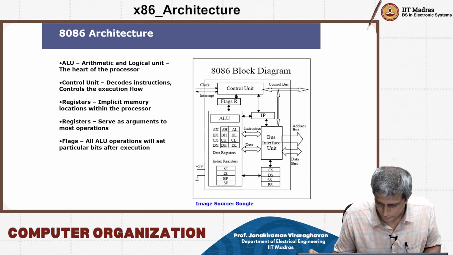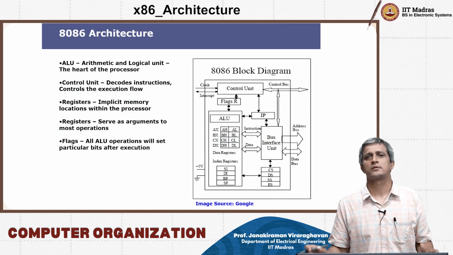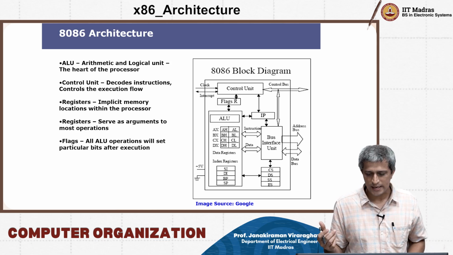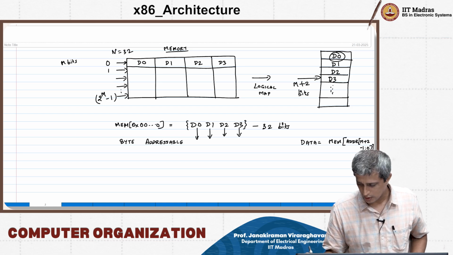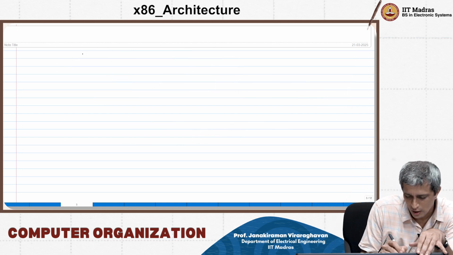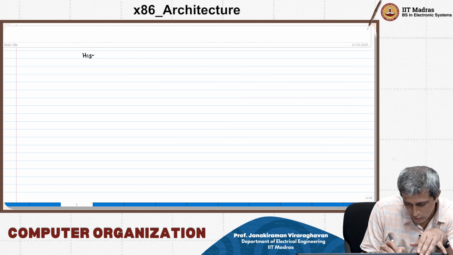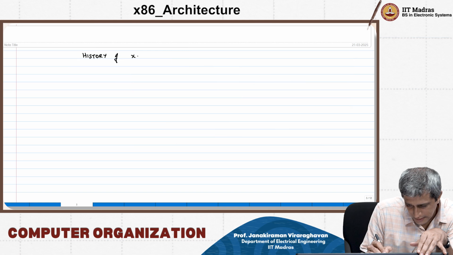Okay, so what is the 8086 architecture, by the way, and what is this whole thing, we use the word x86, right? So let's just look at the history of x86.